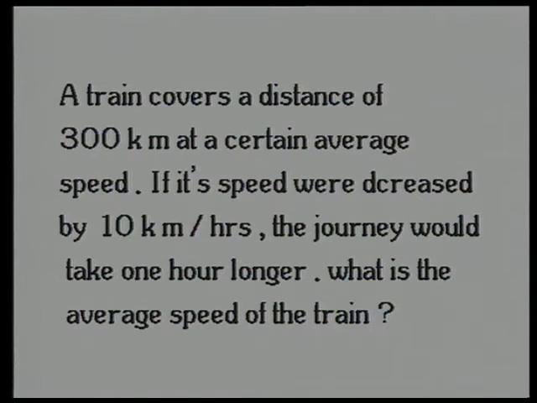Consider the problem. A train covers a distance of 300 kilometers at a certain average speed. If its speed were decreased by 10 kilometer per hour, the journey would take 1 hour longer. What is the average speed of the train?